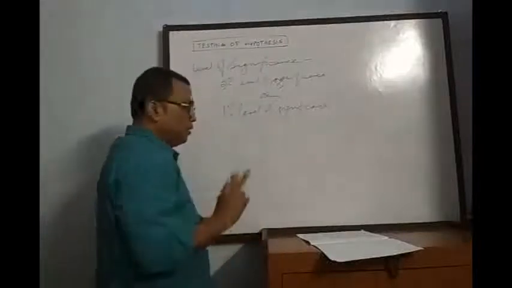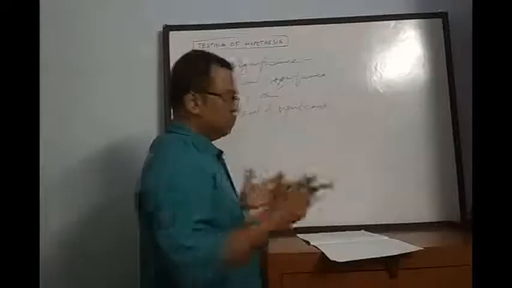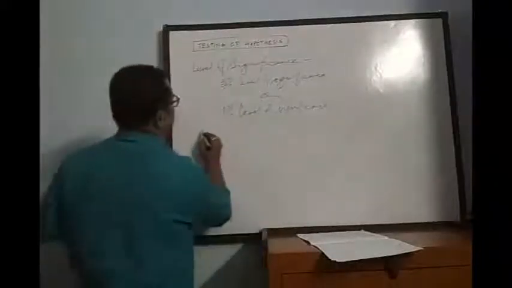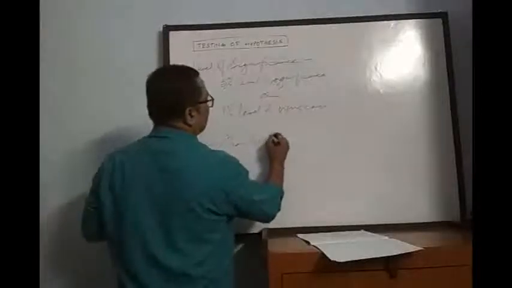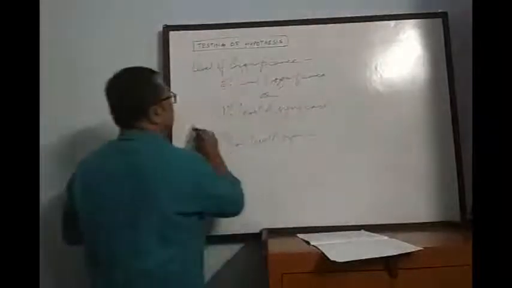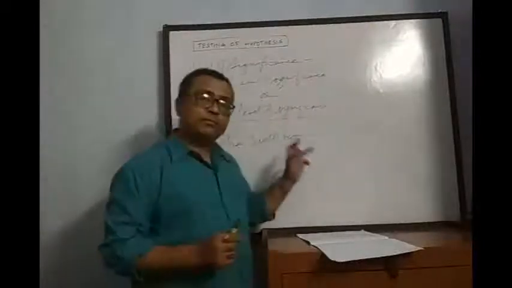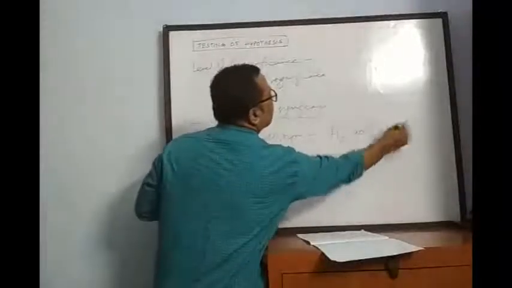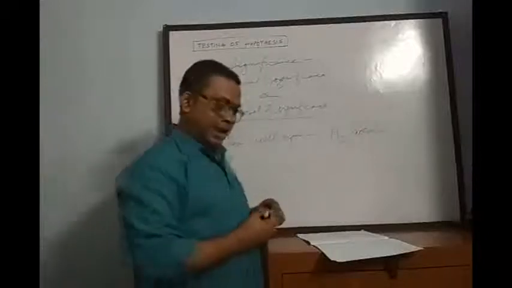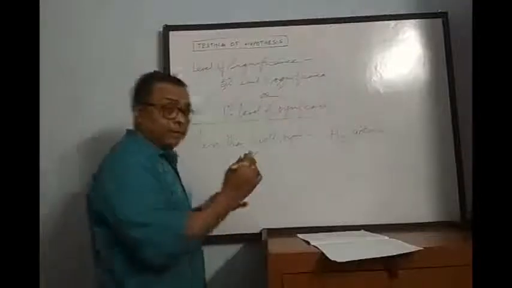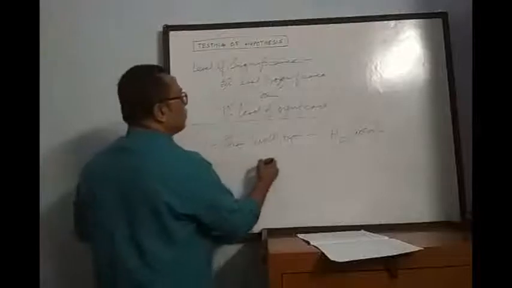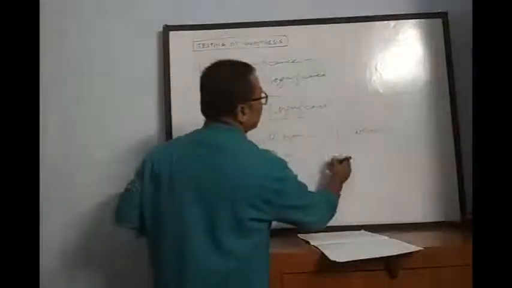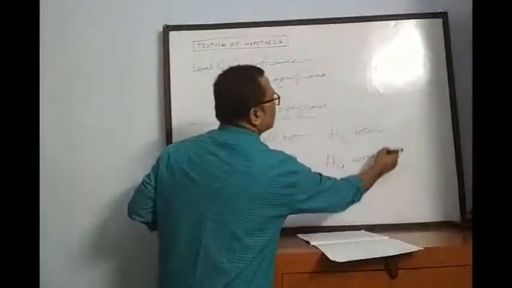Now, when the statistical value is less than the level of significance, then null hypothesis is accepted. And when the value is more than the level, either 5% or 1% given, then alternate hypothesis is accepted.